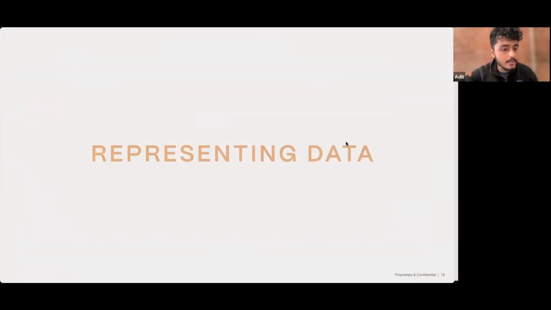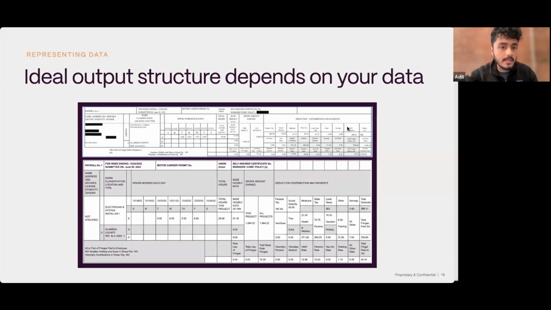From evaluations, I do think there's also an interesting thing to consider in the way that you represent data. I really think that the ideal output structure does depend on the data that you're processing. Because if you have a table like this, and you try to encode it in Markdown, you're going to end up with something really cumbersome. And this is, again, a real-world example that people expect to be able to parse.